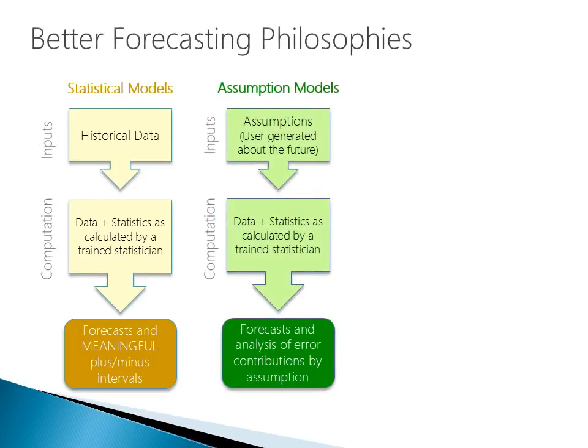Another approach is what is called an assumption model. And this is where the business user has certain key assumptions generated about the future. And so we take our historical data, we apply the statistics and incorporate these assumptions, and this allows us to have a forecast that allows us to have meaningful plus and minus intervals, and we can analyze the error contributions by the assumptions themselves.